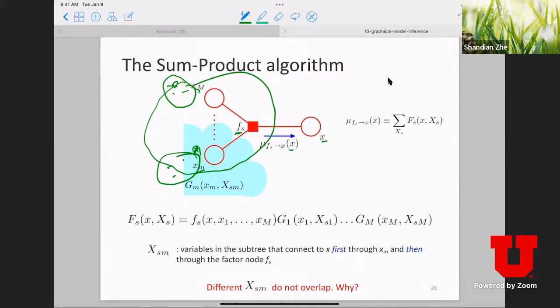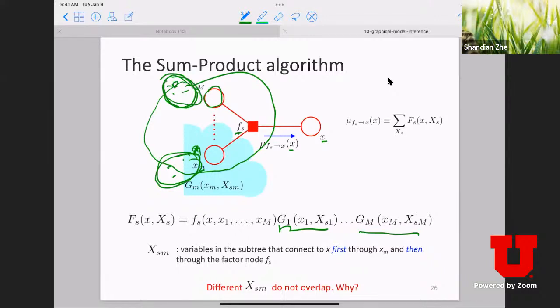So that means we can further decompose their product across these children. Each subtree rooted by one child, we denote their corresponding product by G1, G2 until G big M. And this is still based on our pre-assumption that the whole graph is a tree.